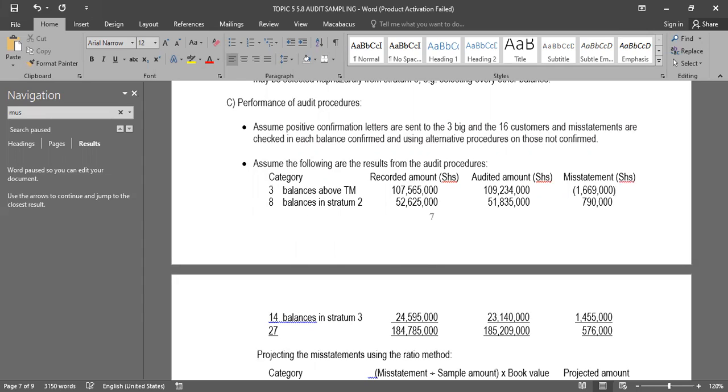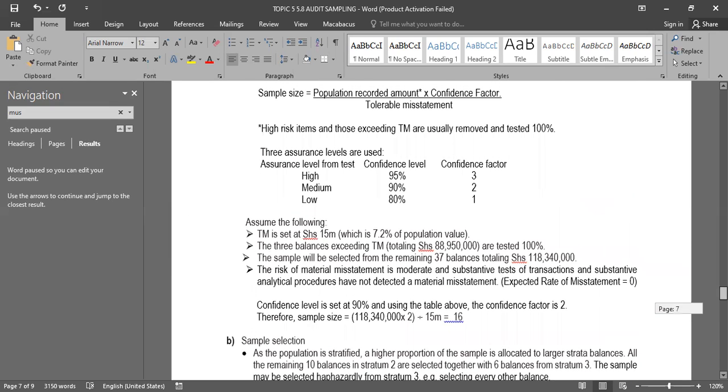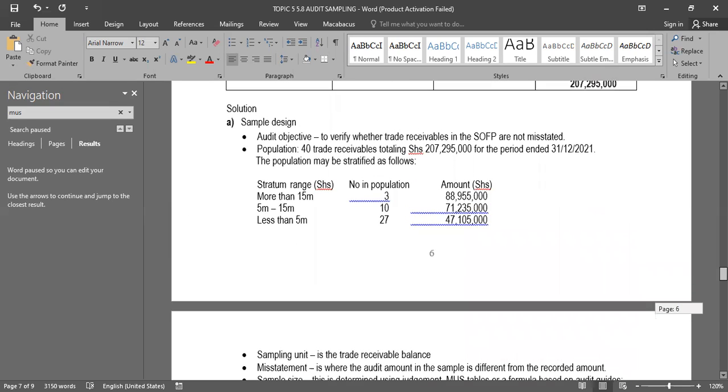The three main balances above, the total misstatement, when you add them together, they are only 88, not this big. It's going to affect our results here, fortunately. So we have an 88. This is what was recorded. 88.